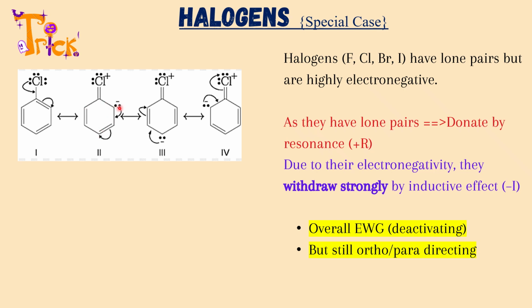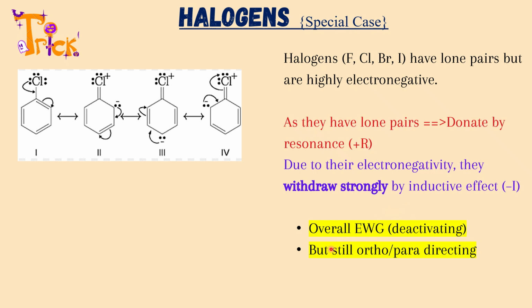Now if we compare this electron density to the previous examples that we have seen, the electron density is less, but still it is there. So that's why these ortho and para positions are available for the electrophilic substitution reaction. So we can say that since the minus I effect is more than the plus R effect, overall the halogens are electron withdrawing groups, and they deactivate the ring.